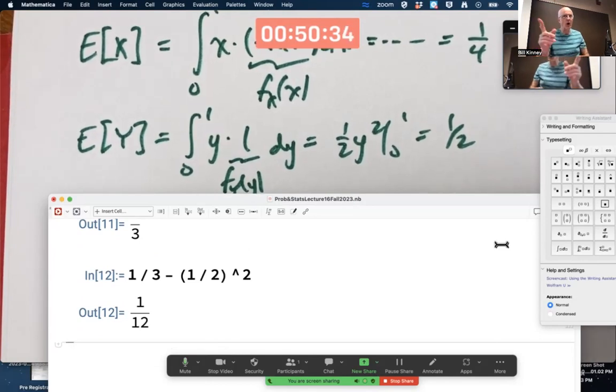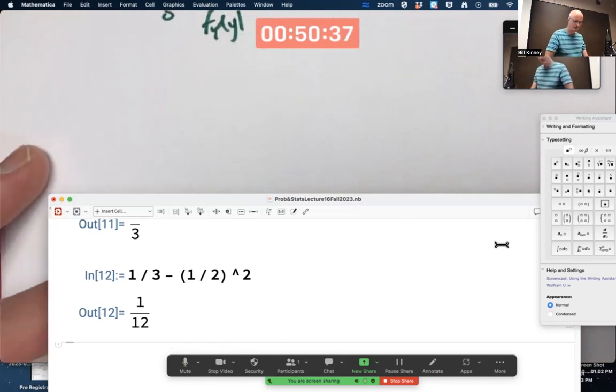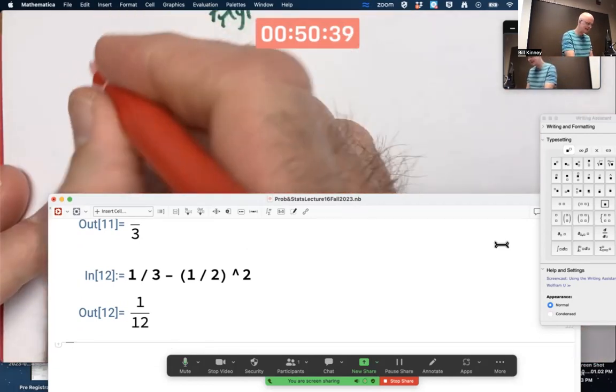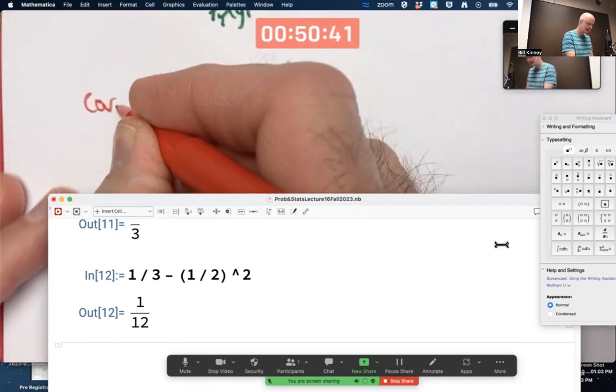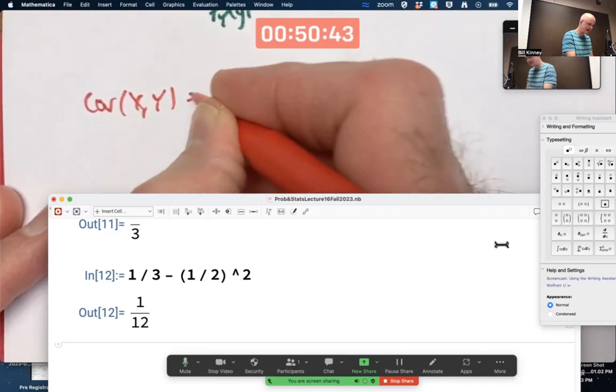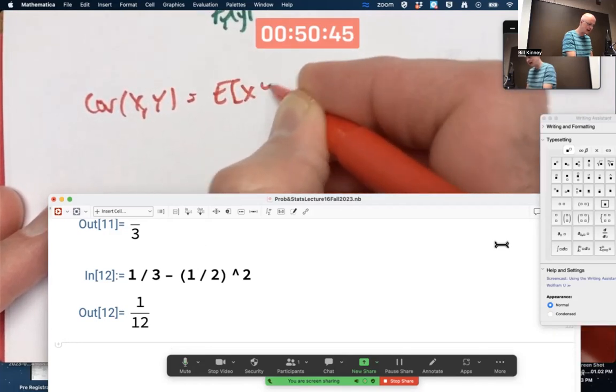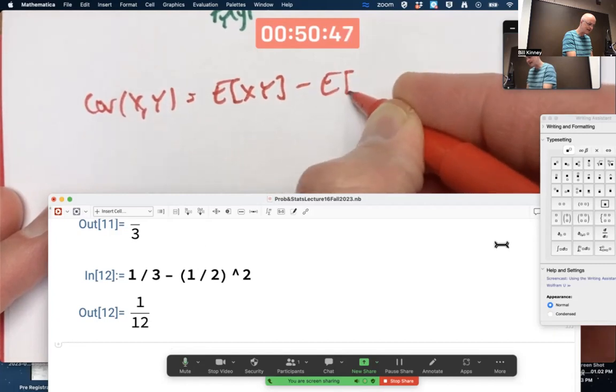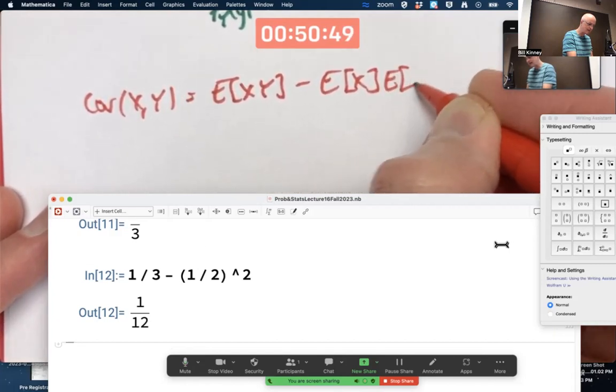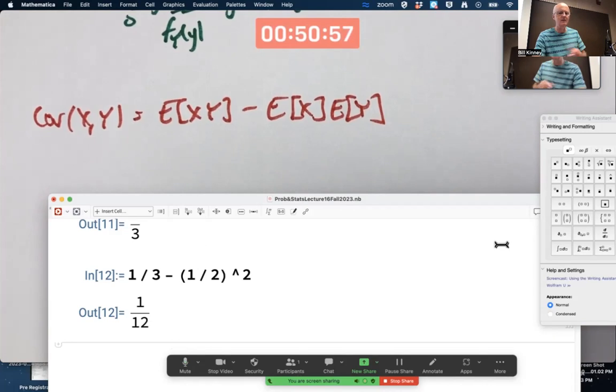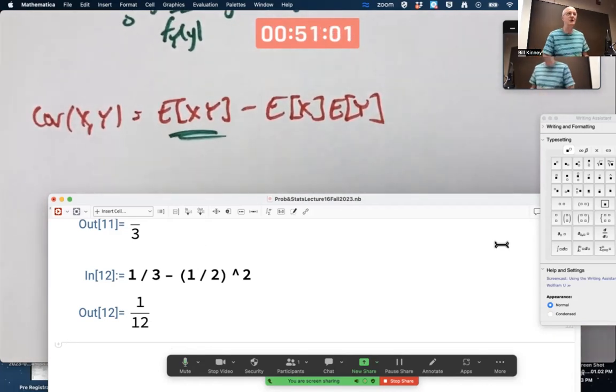What about the covariance? Remember the covariance of x and y is the expected value of x times y minus the expected value of x times the expected value of y. So we've got to figure out the expected value of x times y. To do that, you'd have to do a double integral.